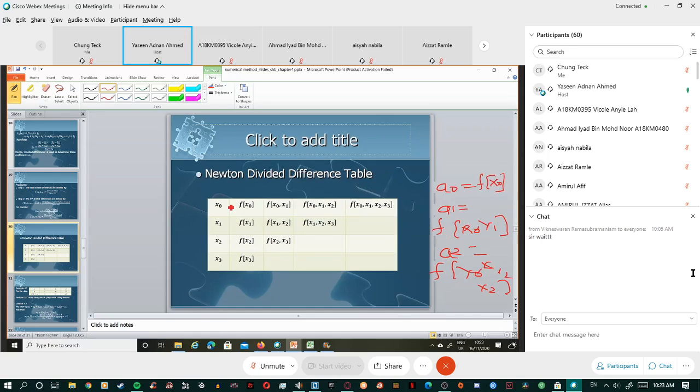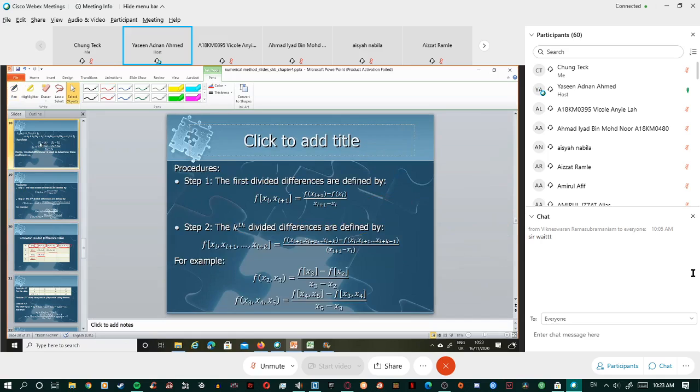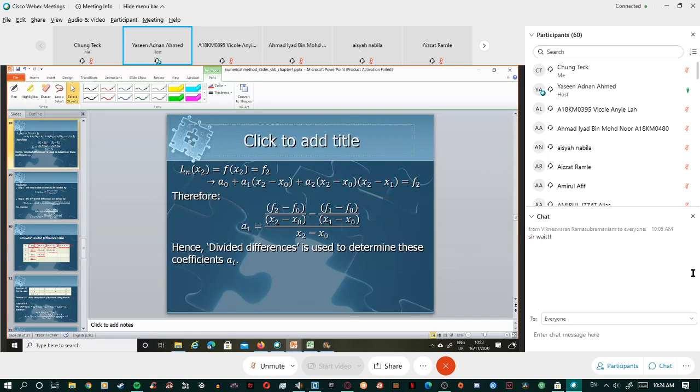It means these are all the values you will get after making the table. After you got the values, the first value is a0, then a1, a2, a3. You need to consider the first element of each column, which represents your coefficients in the polynomial. Which polynomial? The polynomial given by this one, a0, a1, a2, okay? So if you put the values of a0, a1, and a2, you will get the results.